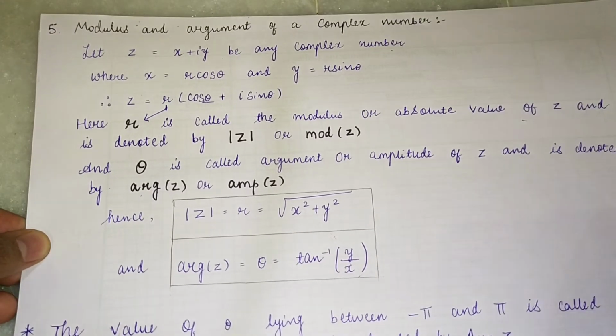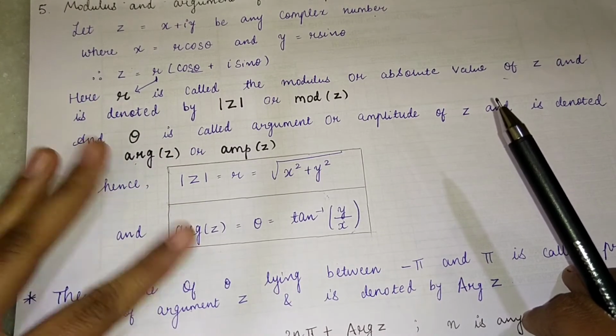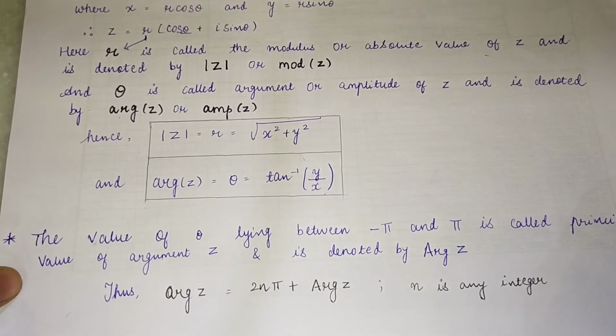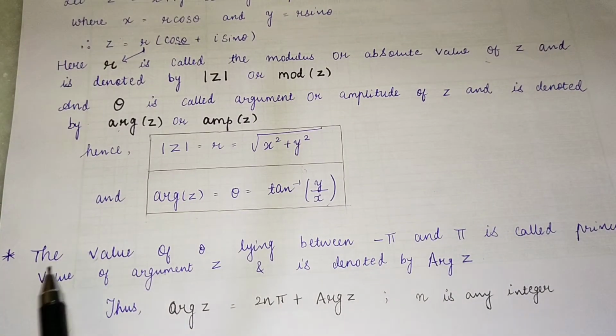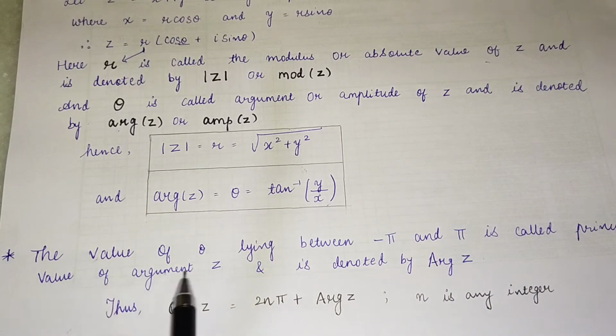Okay, so these are the formulas of mod z and arg z. Now this is important. The value of theta lying between minus pi and pi is called the principal value of argument z, and it is denoted by capital A arg z. Here you have to write capital A arg z.